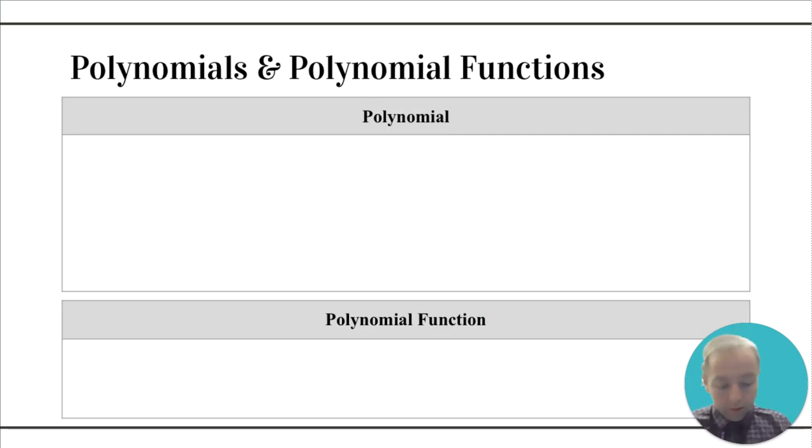So ultimately what a polynomial is going to be, if it's in one variable, is just a bunch of those variables raised to whole number exponents, all added up, and then can also get multiplied by coefficients. So right now, I'm just adding up a bunch of x's that are raised to powers.